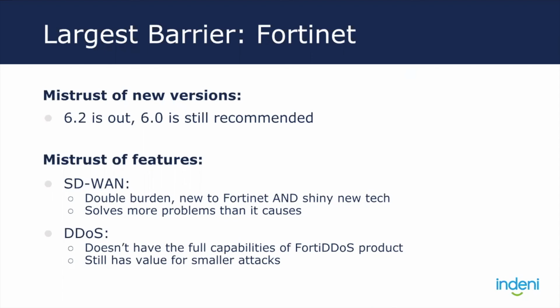And then there's other features out there like DDoS. With DDoS, I know that there's a FortiDDoS product, but there's also DDoS baked into FortiGate. It doesn't have nearly the same capabilities, but it's worth setting up. Right?